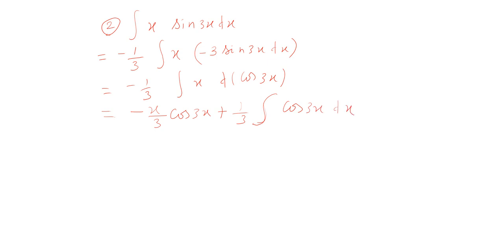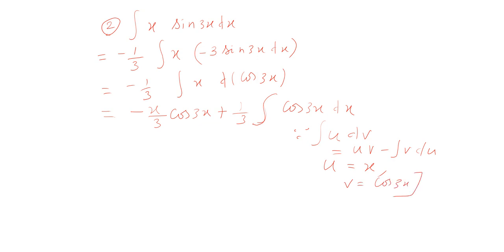Therefore, you can write the reason if you want. Since integral u dv is equal to uv minus integral v du, here u is equal to x and v happens to be cos 3x.